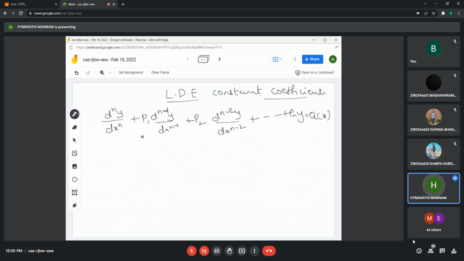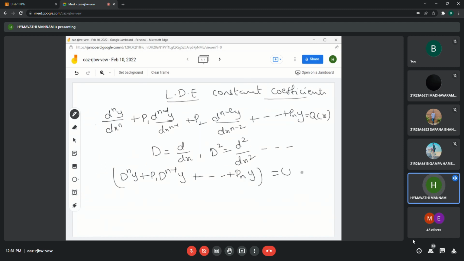We have to convert this into the operator capital D. Capital D is the differential operator, and 1 by D stands for integration. D is equal to d by dx, D square is equal to d square by dx square, and so on. Now we substitute into the equation: D^n y plus p1 D^(n minus 1) y plus and so on, plus pn y is equal to q of x.